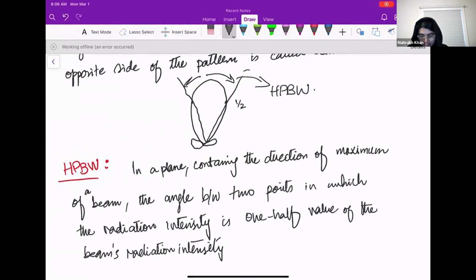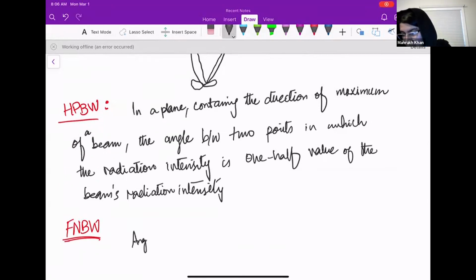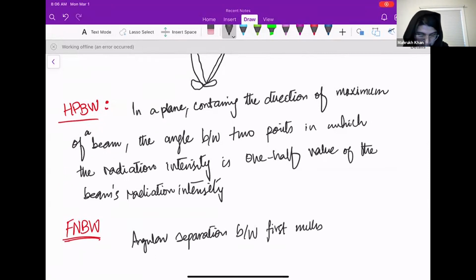And what is first null beam width? First null beam width is the angular separation between first nulls of a pattern.